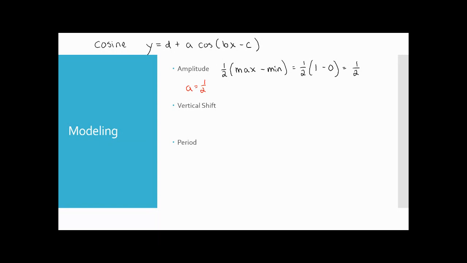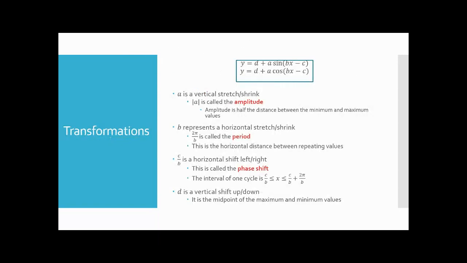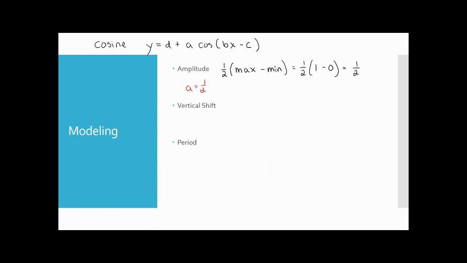Now the second value that I always go to find is the vertical shift, because that is also pretty easy. If I go back to my definitions, the vertical shift is the midpoint of the maximum and minimum values. We've already got the maximum and minimum values, which were 0 and 1. Now I just need to find the midpoint of those. That's where you add them together and then divide by 2.